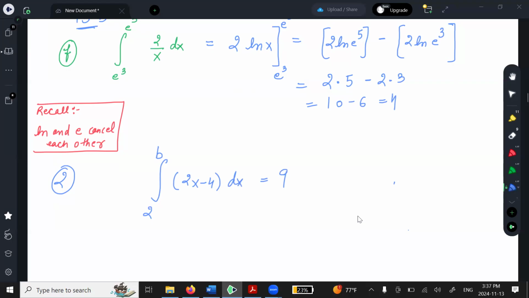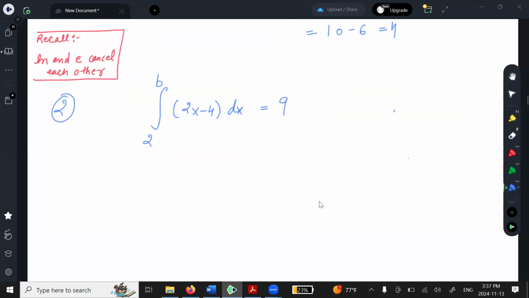Well, I integrate as usual. You add 1 to the power, divide by it. If you have a constant, you multiply by x, and then you apply the lower and upper limits, the answer should equal 9. That's what it means.